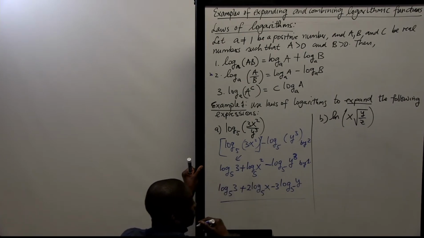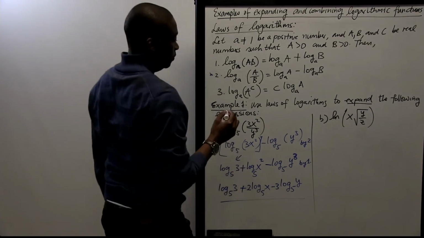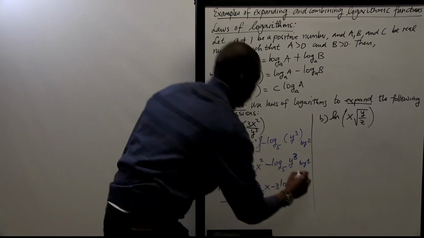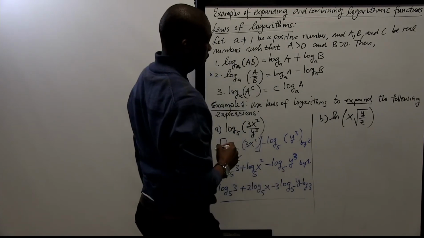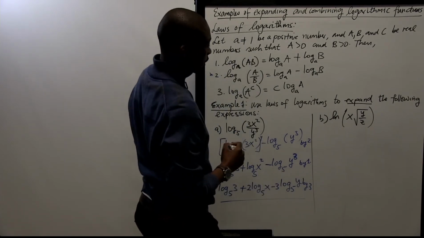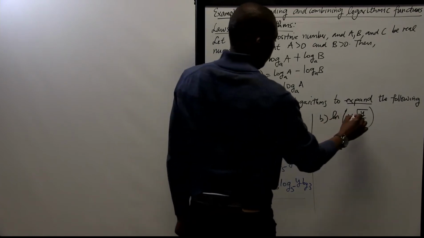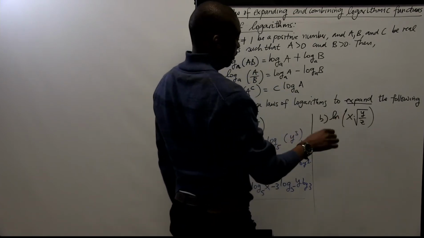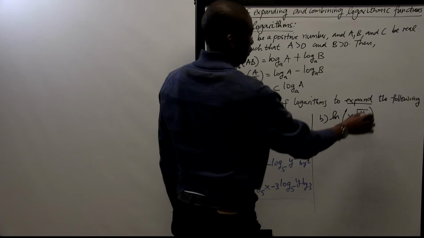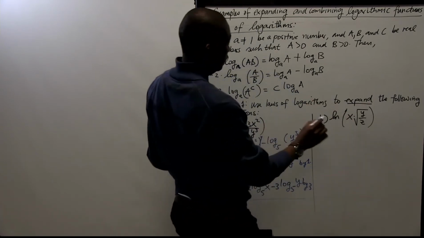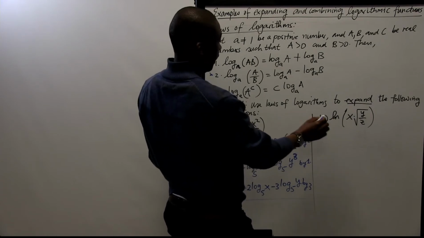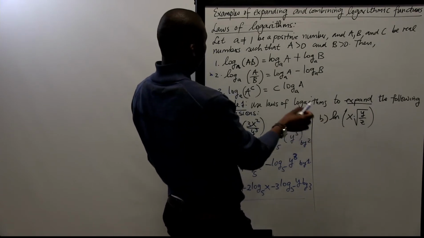Let's look at part B. You can notice that we have several things going on. We have a product, x times the square root of y over z. There's also a quotient, but let's just focus on the product for a start. ln is log base e, the natural log.